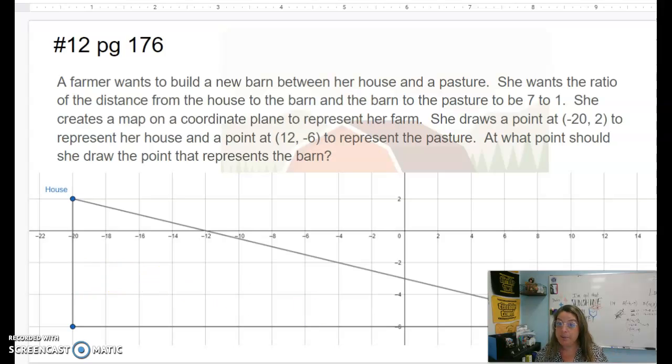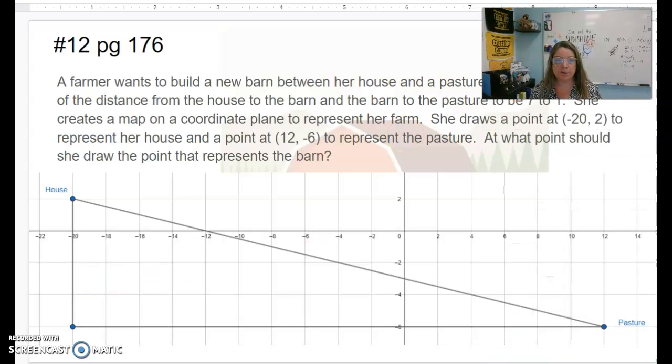So plotting the barn problem, if we put the points in there, here's the house, which is at -20, 2. Here's the pasture at 12, -6. We're just going to count the rise and the run. In this particular picture, each one of those grids actually stands for 2 places. So even though there are only 4 boxes, this is actually a rise of 8.